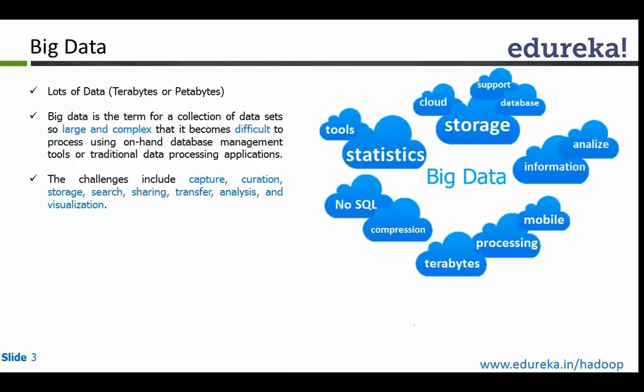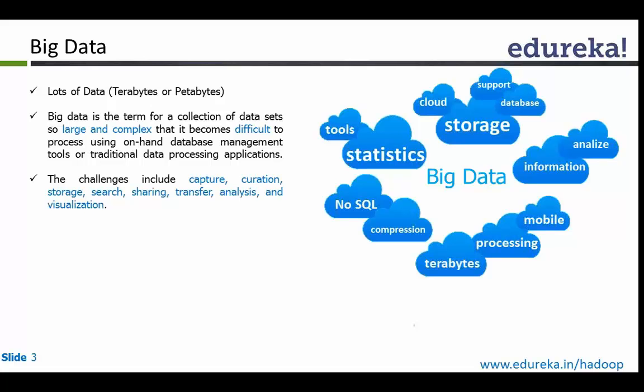Okay, a little bit more digging into the definition. Big data could be a collection of large data sets. When I say large data sets, it could be contextual. A large data set could be terabytes or petabytes of data. That's what I would mean by lots of data or large data sets.